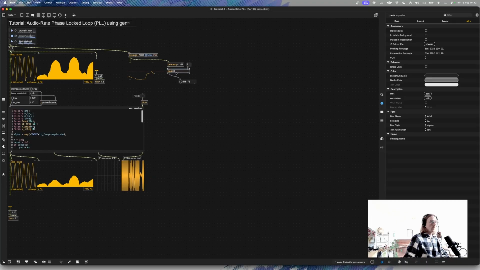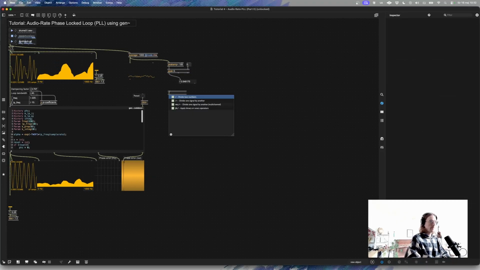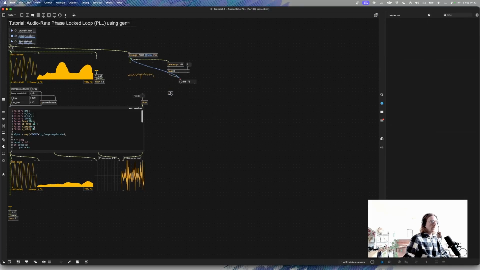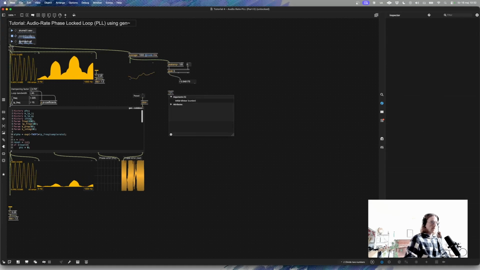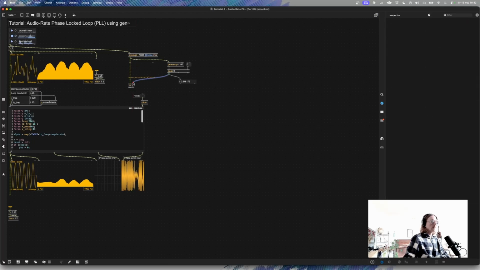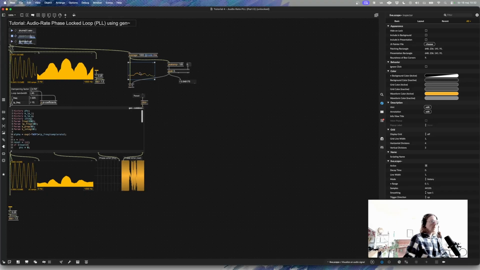And now we can divide our amplitude signal here with this peak value. Divide signal, like this.